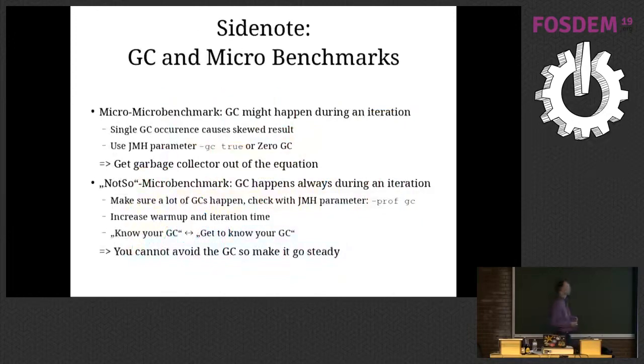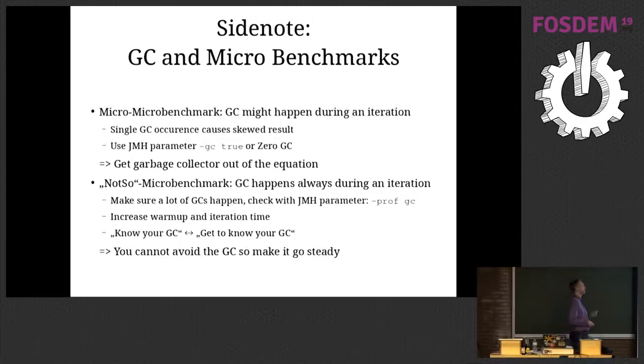As a general thing, I would say there are two kinds of micro benchmarks here. There are the real micro benchmarks, where a garbage collection cycle might happen occasionally, but in this case, you probably want to get the garbage collector out of the equation of your measurement.